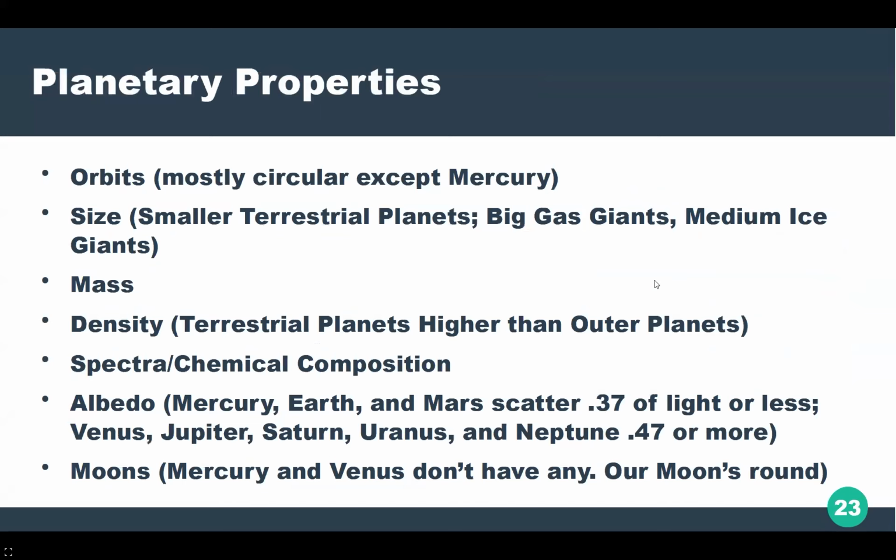They have different masses and different densities, with the terrestrial planets being higher than the outer planets, different spectra and chemical composition, which we can find from spectroscopy, and different albedo, where albedo is the scattering of light. Mercury, Earth, and Mars scatter 0.37 of light or less, or have an albedo of 0.37, which is 37% of light or less, while Venus, Jupiter, Saturn, Uranus, and Neptune scatter 0.47 or 47% or more.